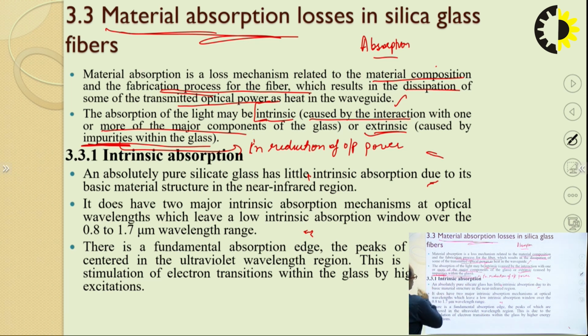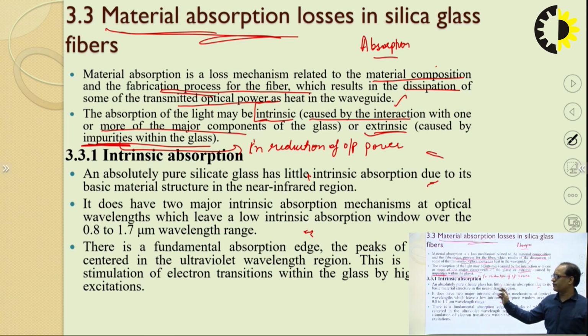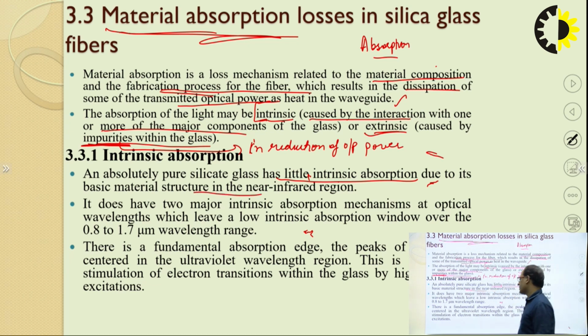So what is intrinsic absorption? Now we'll elaborate on it. Intrinsic absorption occurs in an absolutely pure silicate glass. As we know, the optical fiber is made up of pure silicate glass, but it also has some intrinsic absorption due to its basic material structure in the near infrared region.